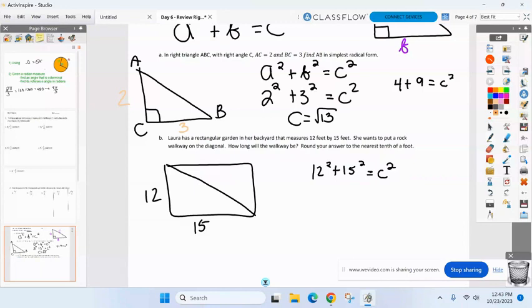Yes, you can. It's up to you guys. I have to round my answer to the nearest foot here, though. So however you're going to do this. And if you're using the NumWorks, obviously we don't want the negative answer because I'm doing a side length.